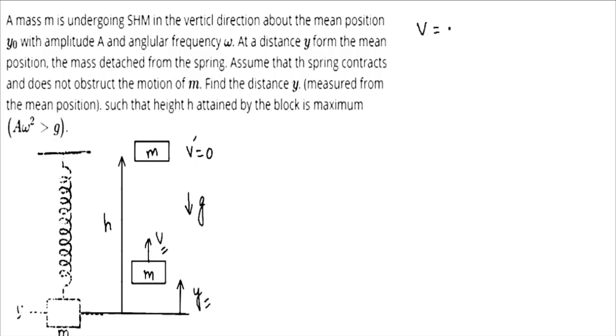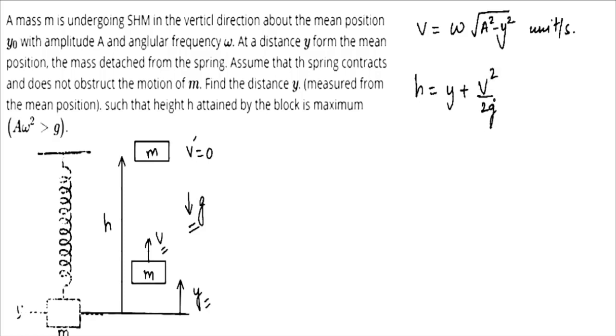The equation of velocity is simply omega times under root A square minus y square, units per second. So this is the speed. Now what will be the height attained by this mass? It has velocity v, so it will attain a total height due to g. The total height attained by the block, measured from the mean position, will be y plus v square divided by 2g.